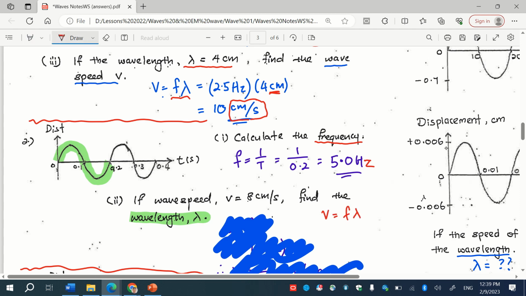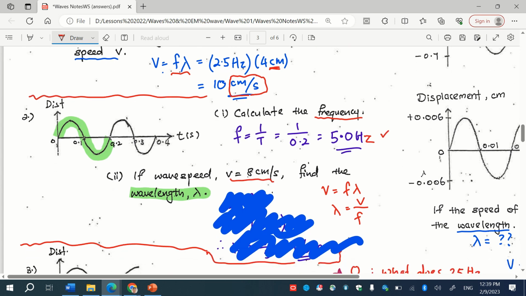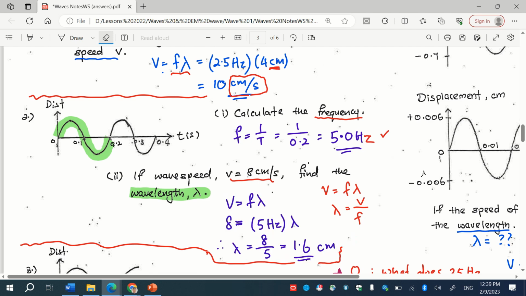Find the wavelength: lambda equals v over f. You have your wave speed given. You have your frequency found in part 1. So your problem is solved. Okay, the answer must be in cm. You know why, right? 1.6 cm, because your speed is given in cm per second.